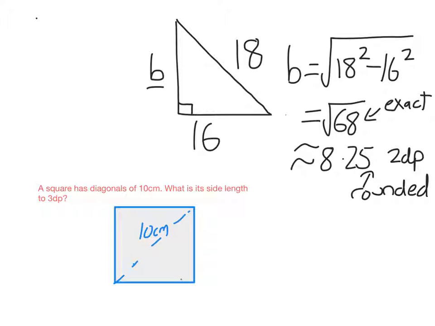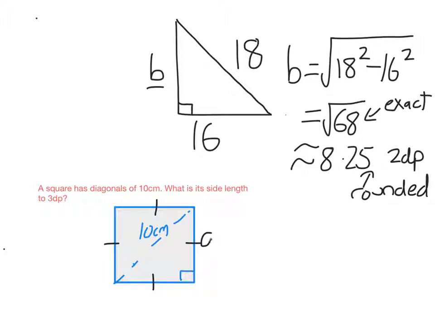Now, I know that this is a right angle because it's a square, so I can use Pythagoras. Here the question's a little bit different because I do want to find a shorter side, but the problem is I don't know the other shorter side. But these two sides must be equal, and these sides are equal too because it's a square.